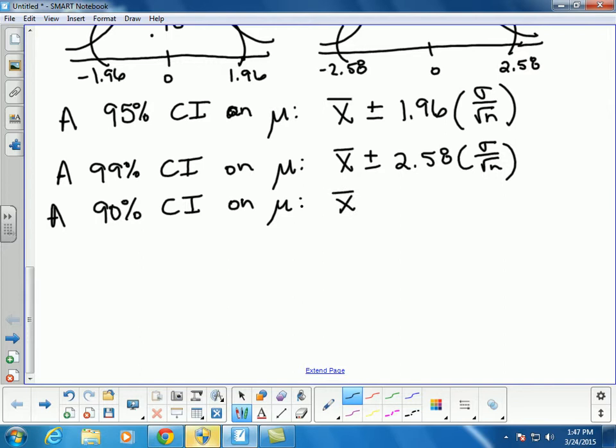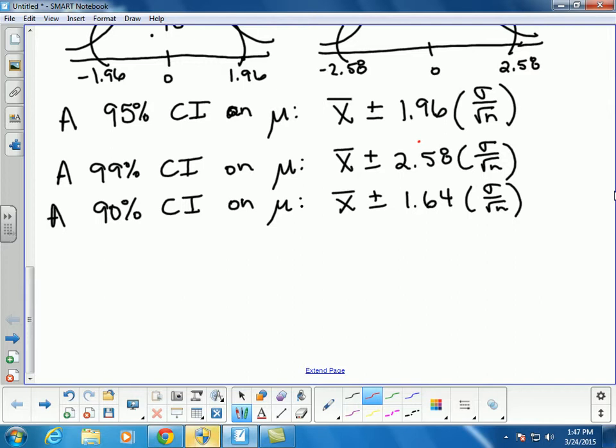And that one has the z-score corresponding to 1.64 times sigma over square root n. Again, these numbers, 1.96, 2.58, and 1.64, are coming from the z-tables, measuring how much probability is between two numbers. 95% is between negative and positive 1.96, 99% is between negative 2.58 and 2.58, and 90% between plus or minus 1.64.